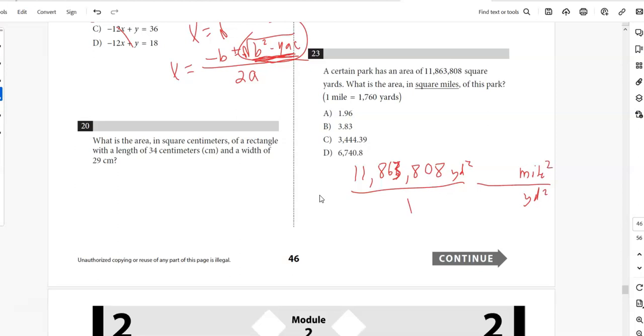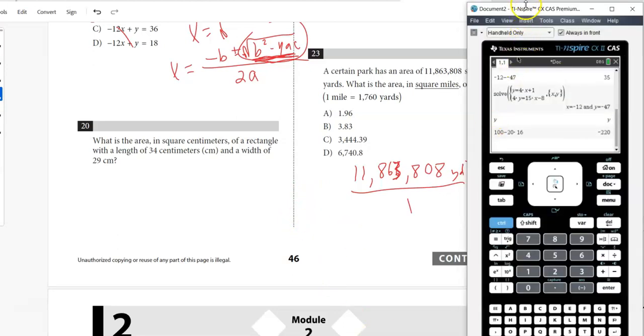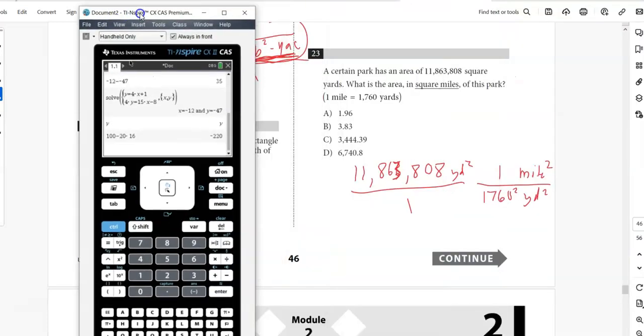And so it looks like 1 mile is that many yards, but because it's a squared thing, I think you might square it, right? So let's see what happens here. So I think that's how dimensional analysis works on this one. So hopefully chemistry, which I barely remember, hasn't failed me here.